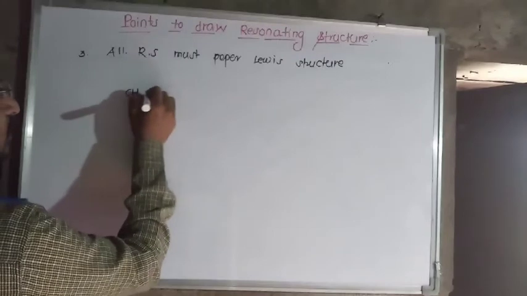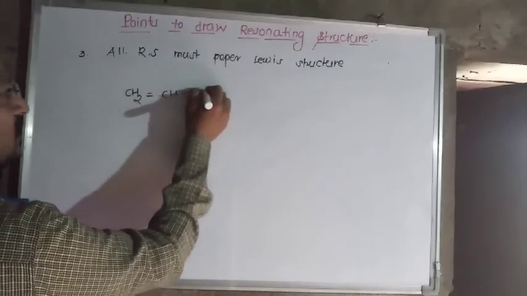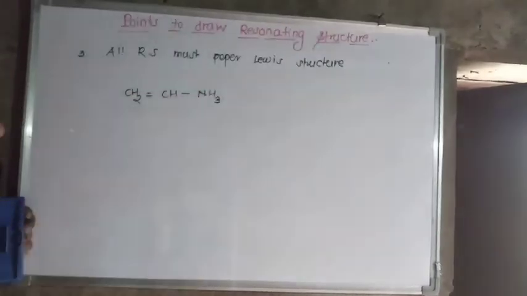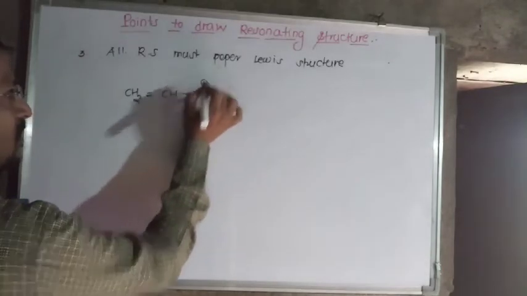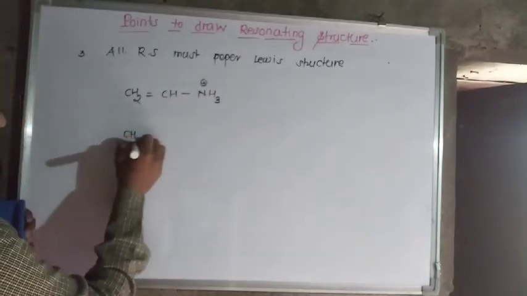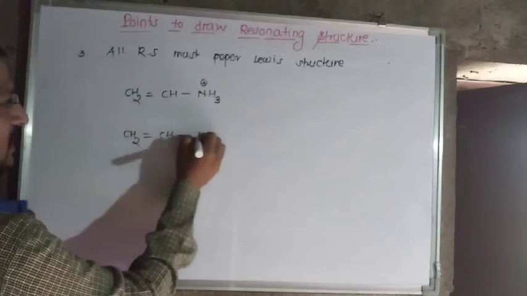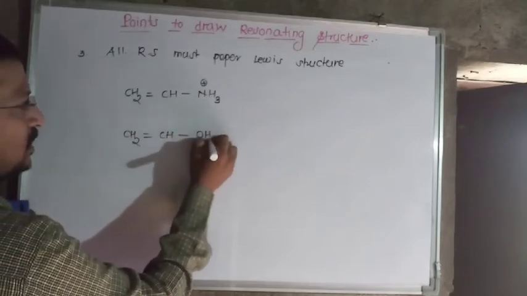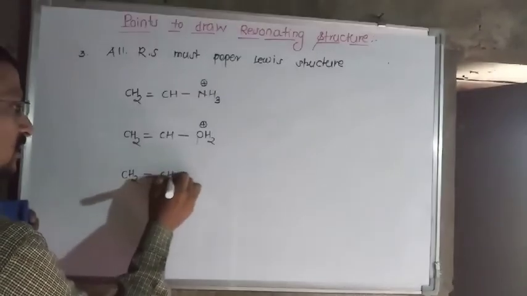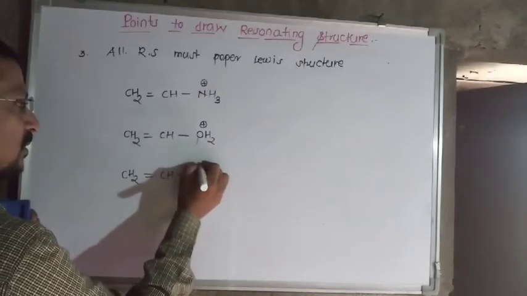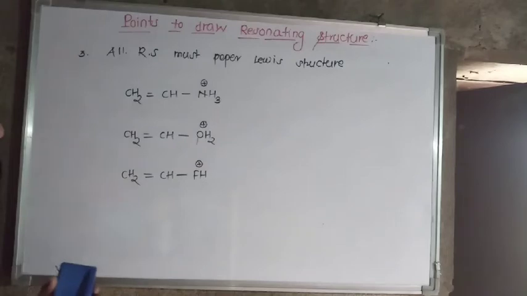So if you consider one example, suppose CH2=CH-NH3+. Here nitrogen is positive. One more example, CH2=CH-OH2+, oxygen positive. And one more, CH2=CH-FH+, isn't it?